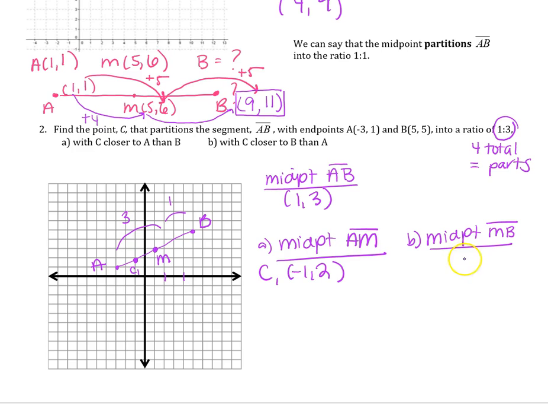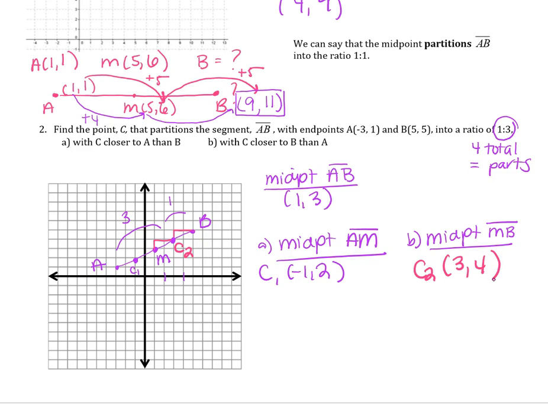You could either do it with add your x's, add your y's, divide by 2, or just by visual inspection, you can kind of see using the slope that these two triangles would split that up nicely into 2 equal parts. And this would be your second possible location, C2. And that's at 3, 4.